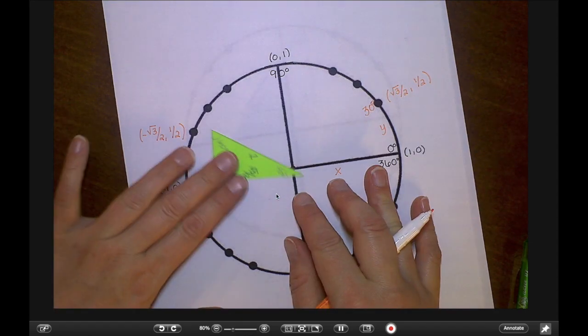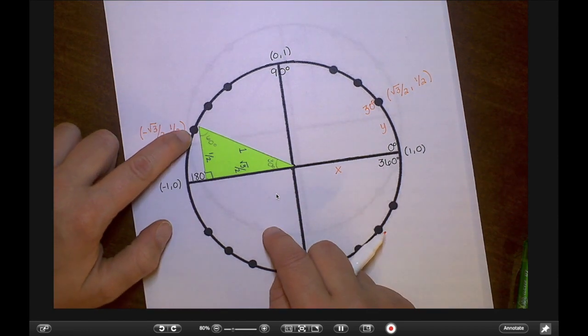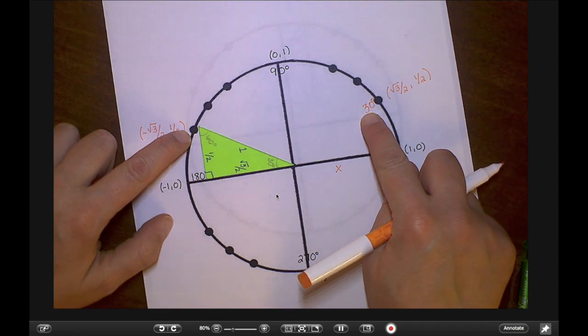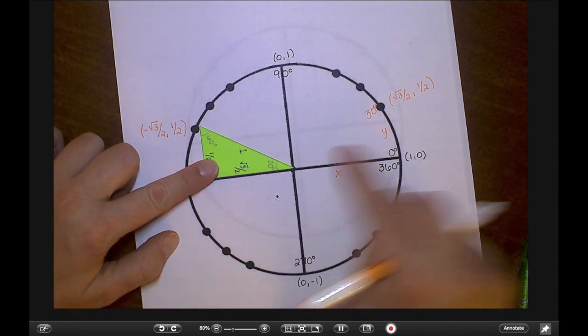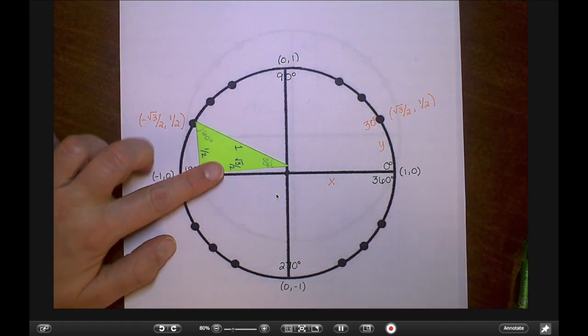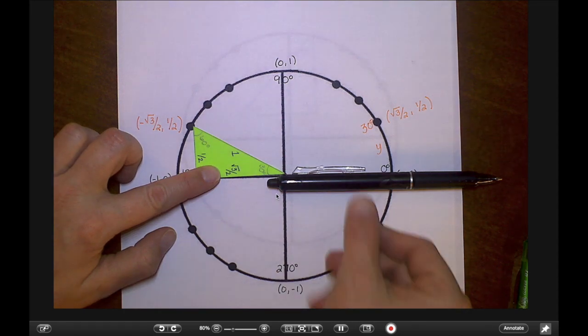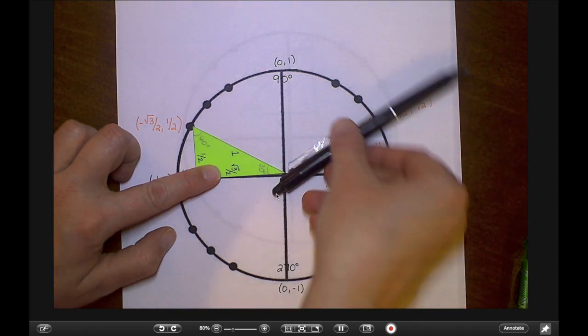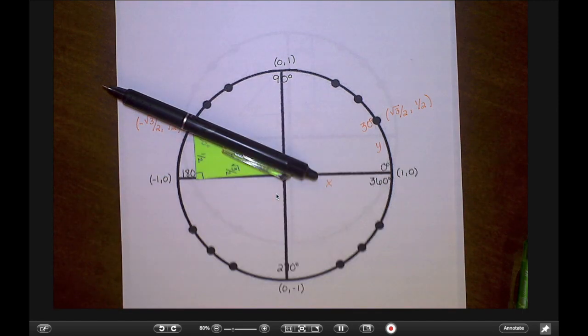Okay. Now let's talk about what to name that angle. That angle can't be 30 degrees because 30 degrees is over here. Remember, but this is a 30-degree angle down here. Remember that we're always naming our angles like from here, right? So if this is 0 degrees, what I really want to know is how many degrees is it to turn all the way around to where that line falls, okay?